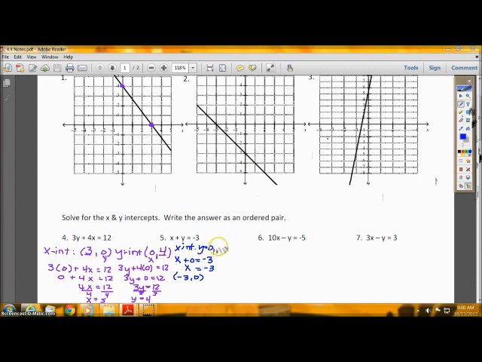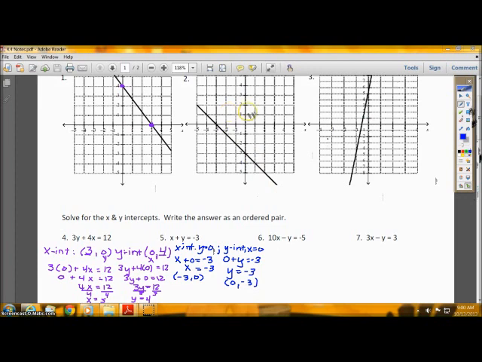So when I'm finding my y-intercept, my x is going to equal 0. So now I have 0 plus y equals negative 3. 0 plus y is y. y equals negative 3. So my coordinate is at (0, negative 3).